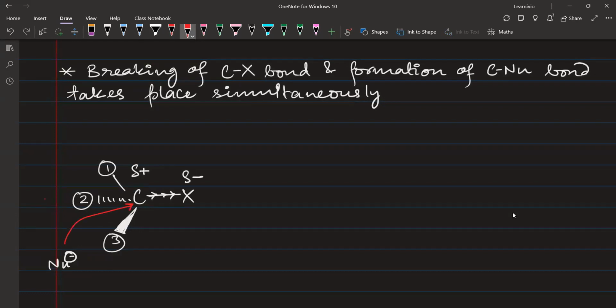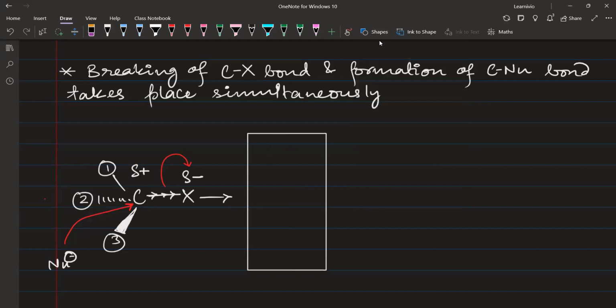Now, as soon as this nucleophile is going to attack, this halogen atom is going to start to leave. ये bond अपना तोड़ने लगेगा, and we will get a transition state, we call it, which will look something like this.